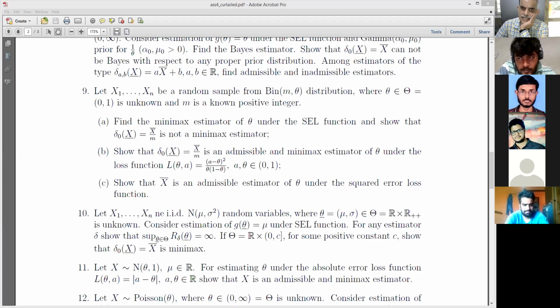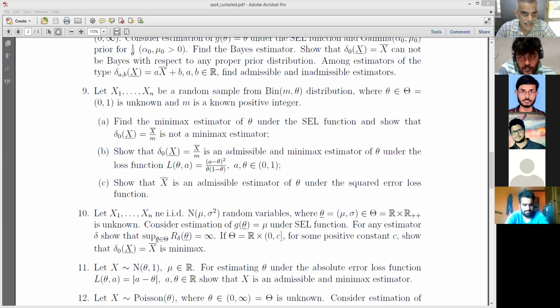If that happens, the posterior distribution will turn out to be N x bar by sigma naught square, where sigma naught square is the variance of the original distribution, plus mu naught upon tau naught square, divided by n upon sigma square plus 1 upon tau naught square. Right? So what would be the Bayes risk of that?